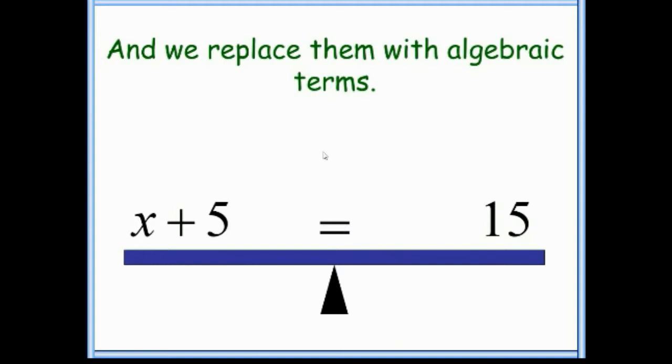And this plus 5 here is giving us trouble. Yes, we need to get rid of plus 5. So we can get rid of plus 5 with minus 5, because plus 5 and minus 5 equals 0. And what you do to one side, you must do to the other side.